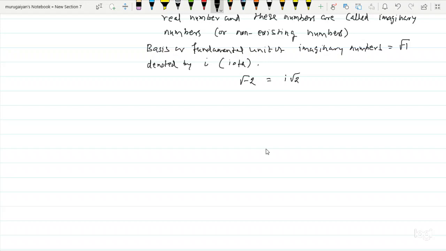So the vertical line is taken to mark imaginary numbers, the imaginary part of the complex number. The horizontal line is used to represent real numbers, the real part of the complex number.